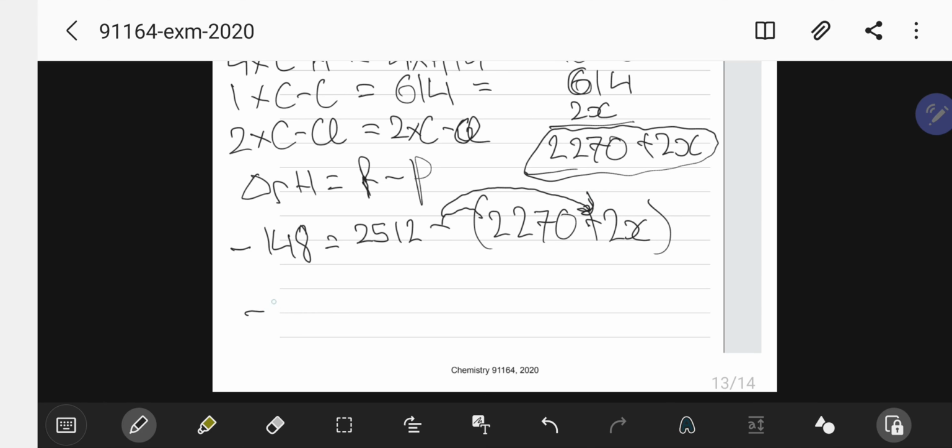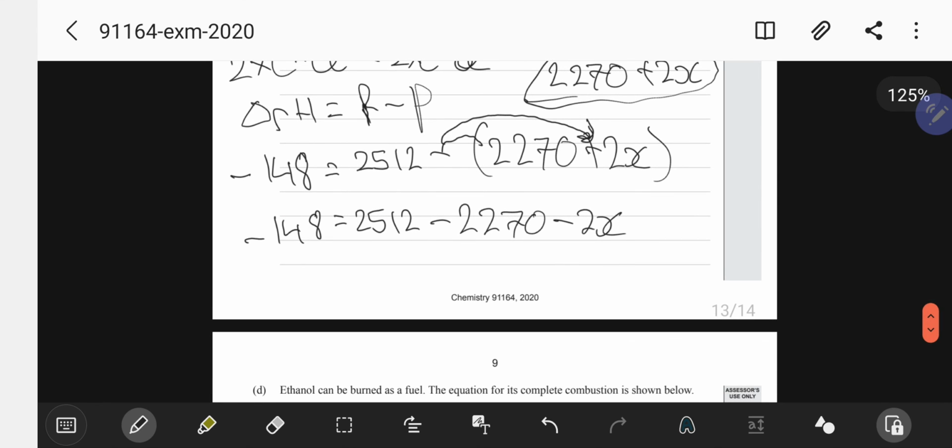So we get negative 148 equals 2512 minus 2270 minus 2x. Now we rearrange, so minus 148 minus 2512 plus 2270 equals negative 2x.